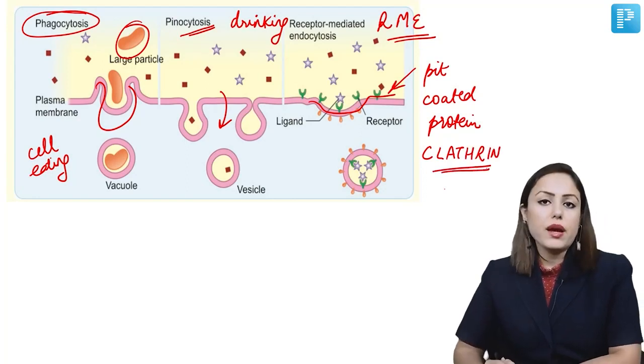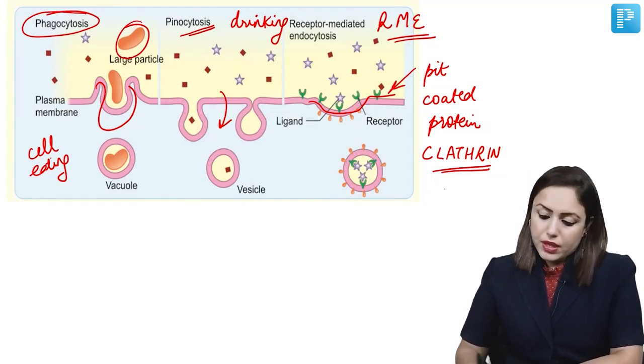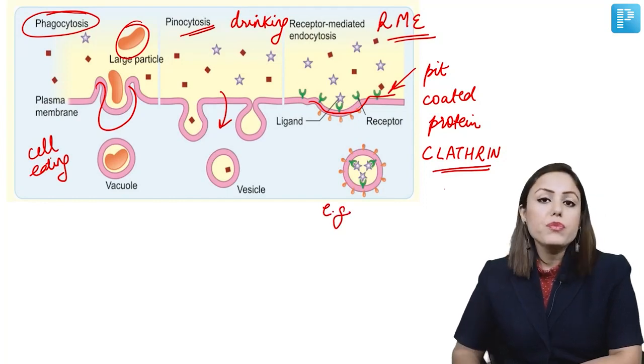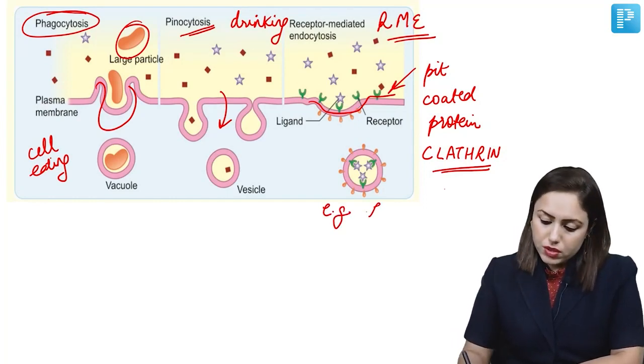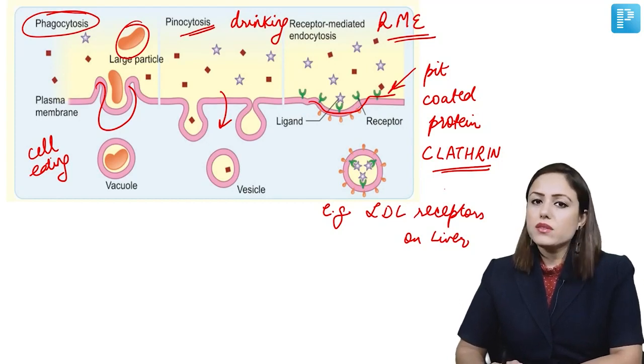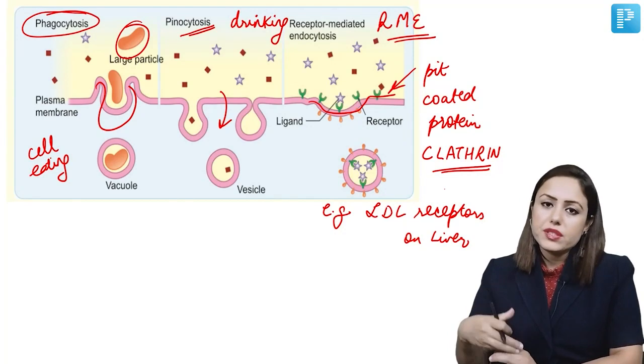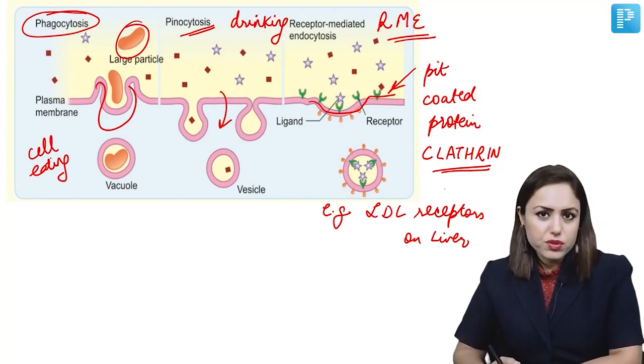This is a special kind of endocytosis known as receptor mediated endocytosis. One example of receptor mediated endocytosis is LDL receptors. LDL receptors present on liver cells, hepatocytes, and they will uptake LDL from blood via receptor mediated endocytosis.